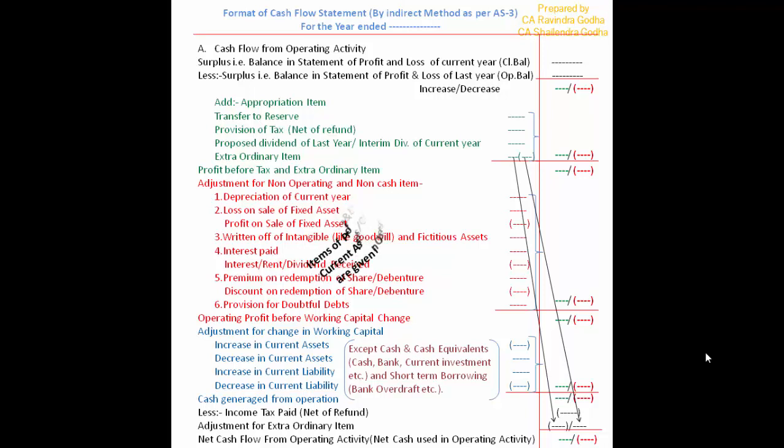In operating activity, we give the impact of items of profit and loss and the impact of current assets and current liabilities, with some exceptions. Now we have already calculated the amount of operating activity. I am just writing here again the cash flow from operating activity, which we calculated on the last page, a positive or a negative value.